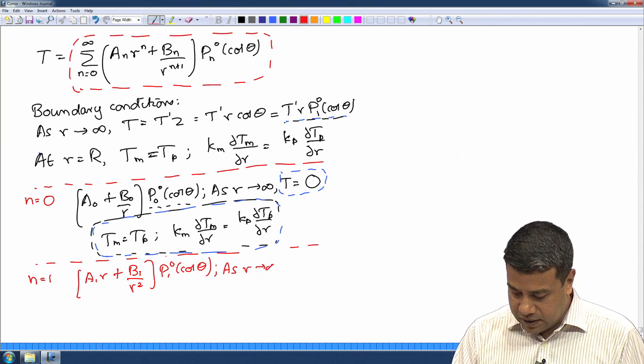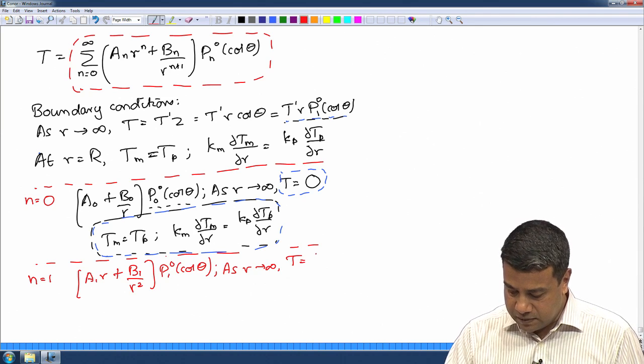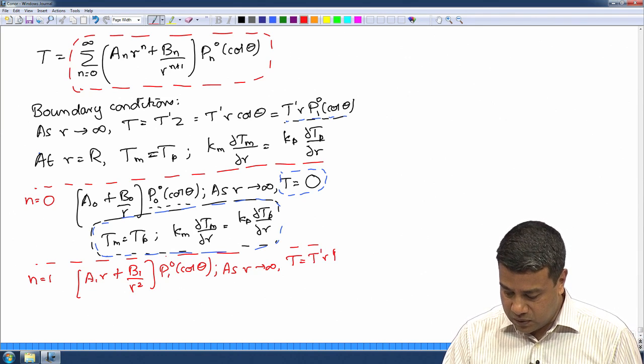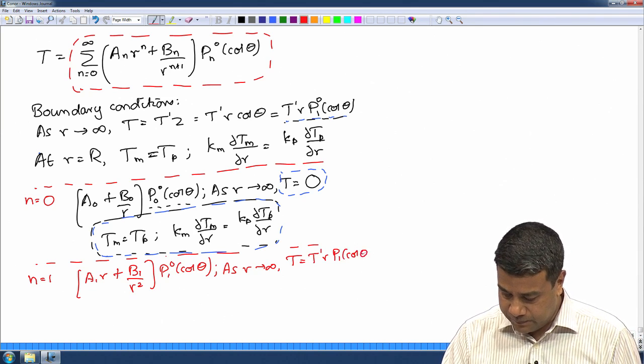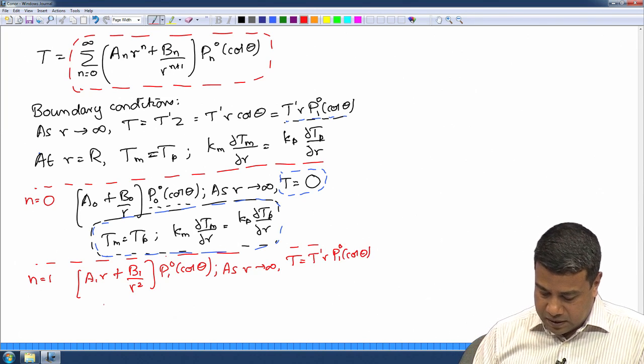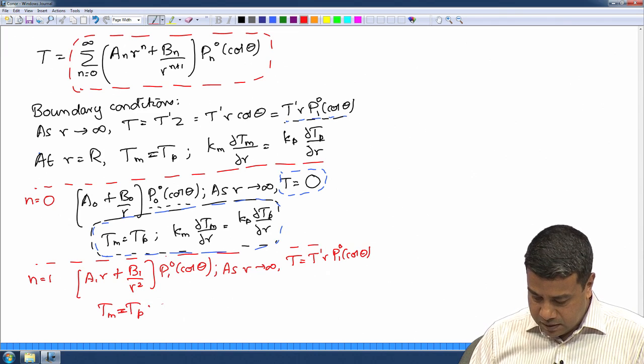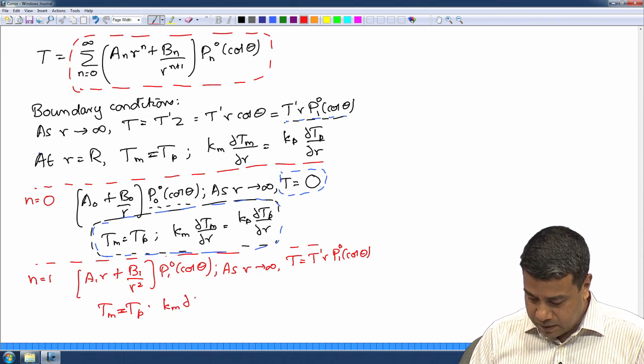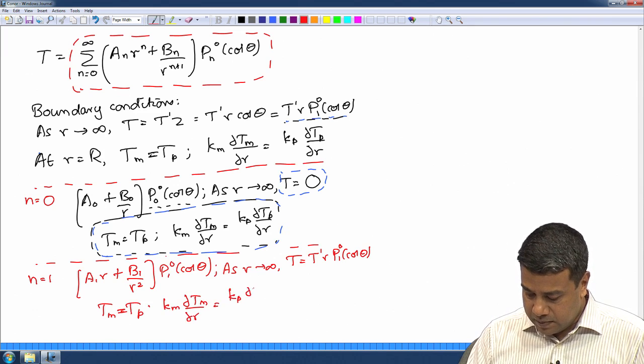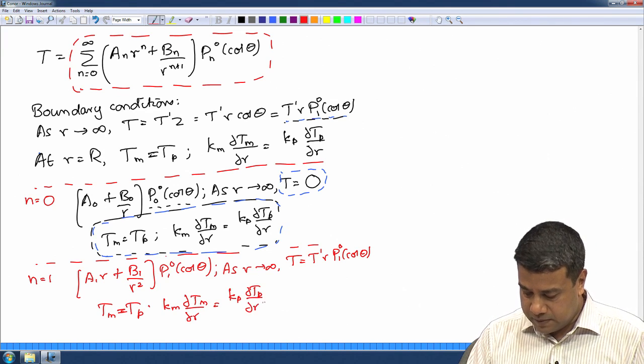As r goes to infinity, I have T is equal to T prime r P1 of cos theta. And then I have Tm is equal to Tp, Km partial Tm by partial r is equal to Kp partial Tp by partial r.